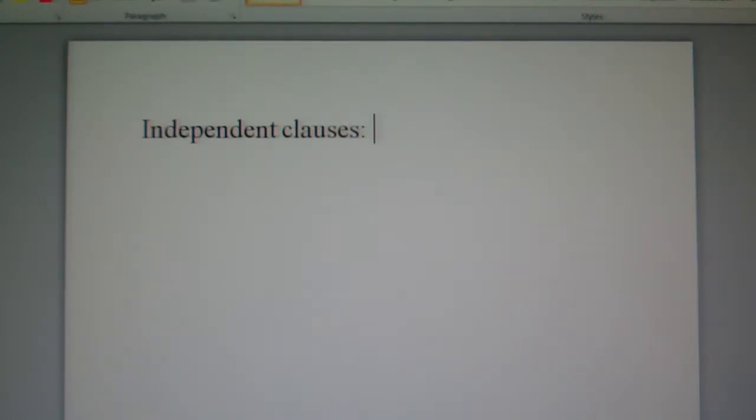And the best way to think about independent clauses is that these are clauses that can stand alone. That is, there's enough qualifying information within the context of the phrase so that it can stand alone as a sentence that makes sense. So for example, I walked to the store.